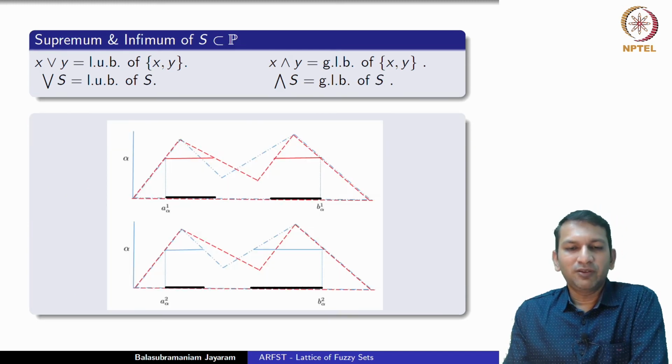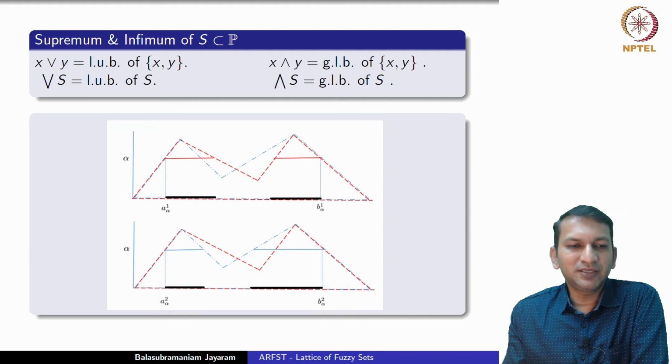You might recall from the previous lecture when we discussed the alpha cut based ordering of fuzzy sets defined by R, we have seen these two fuzzy sets, which are given in red and blue curves. And we have seen that for a particular alpha, the alpha cut looks like this.